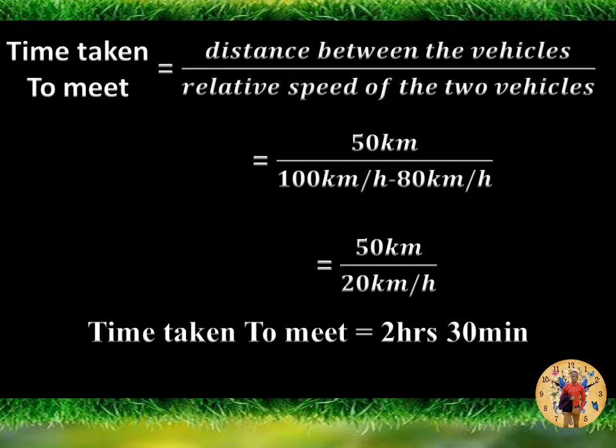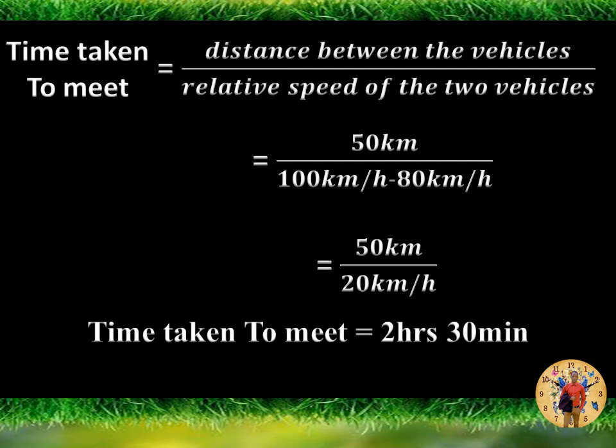If you want to find the time taken for them to meet, you will just say the distance between the vehicles over the relative speed of the two vehicles. Now the distance between the two vehicles in this case is actually 50 kilometers, because the bus has to cover the 50 kilometers for it to catch up with the car.